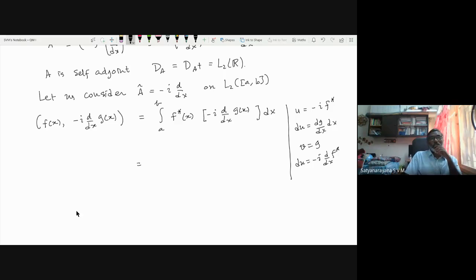So this is equal to minus i into f star of x into g of x from a to b, minus the integral from a to b of minus i df star by dx, into dx here, into g of x.